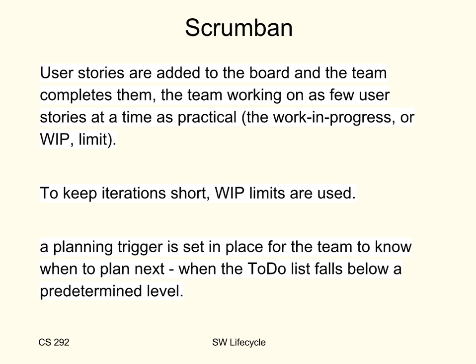This is typically when the to-do list falls below a predetermined level. The to-do list has a limit. When you fall below some variation of that limit is when you need to plan. So in this case, you don't have fixed length sprints. You're attempting to not have a time-boxed methodology, but you're attempting to have a continuous flow of work.